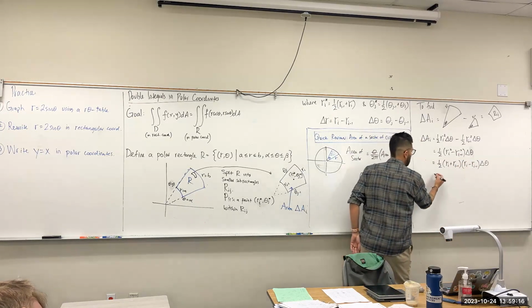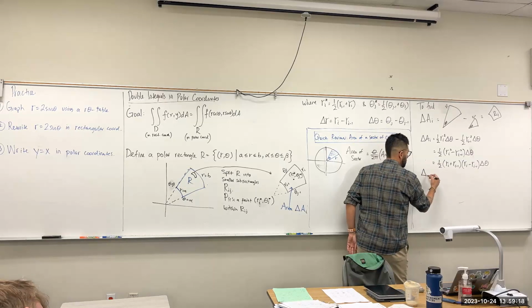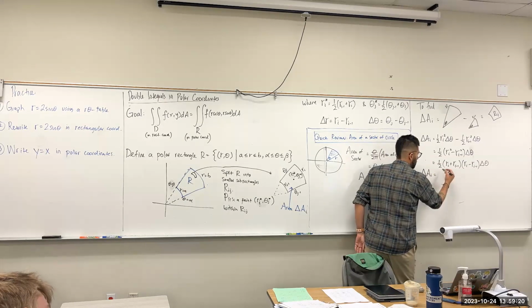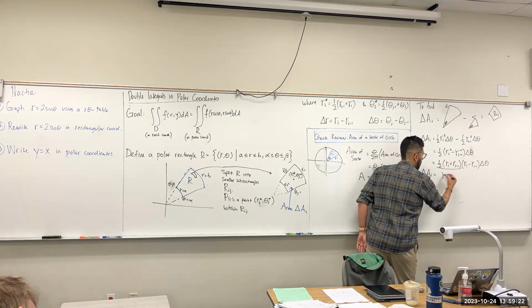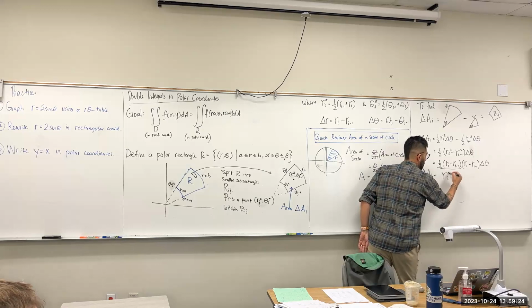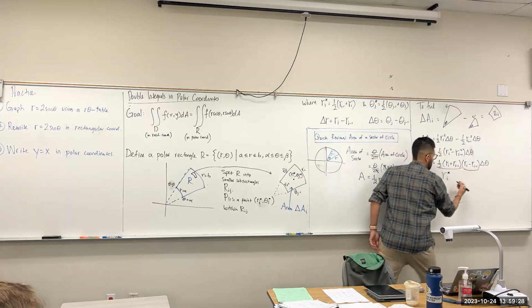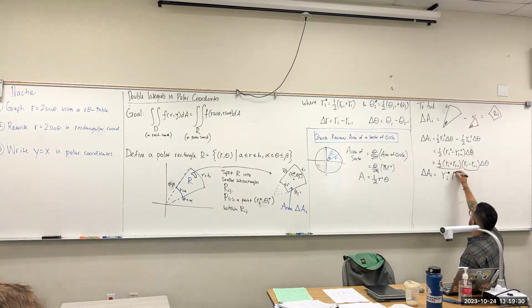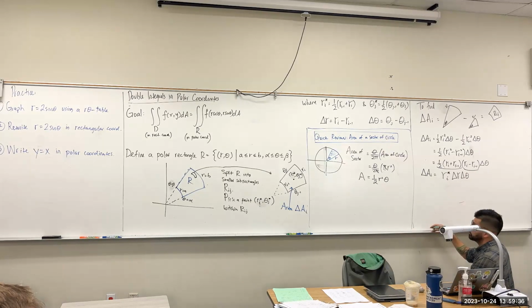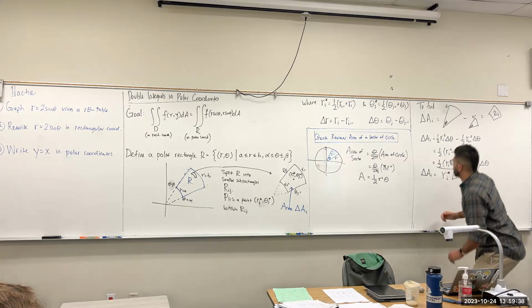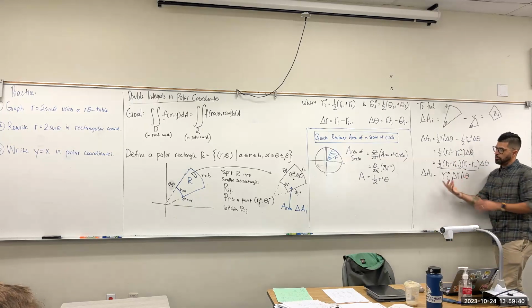So what ends up happening is that your delta A_i, this becomes r_i star, which is that middle r value. This becomes delta r, and then that is just delta theta. Okay. So what does that mean?